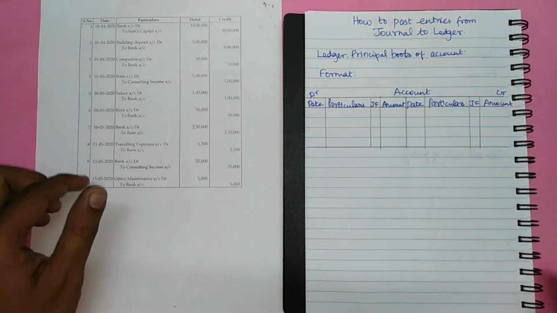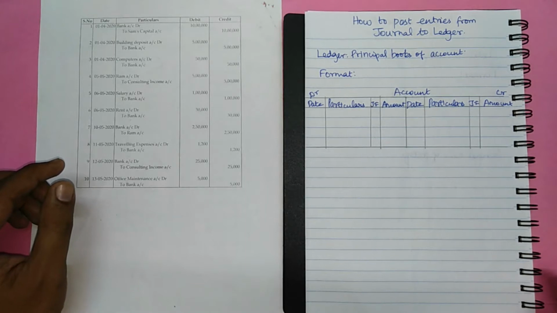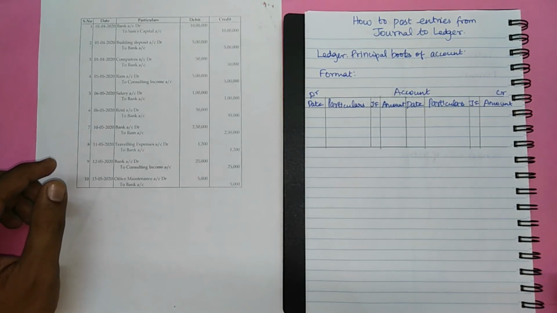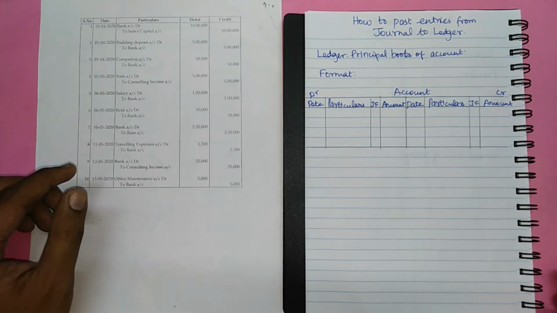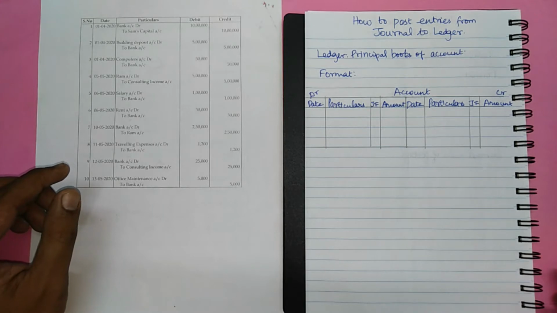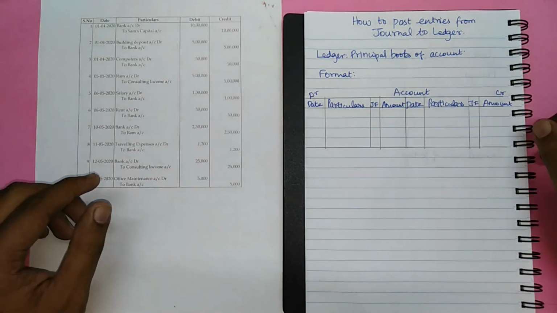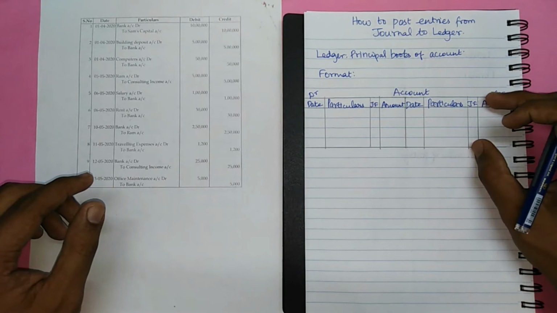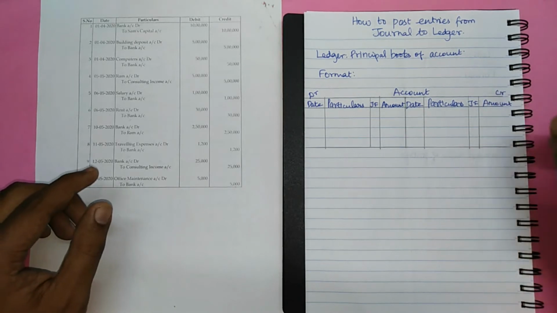These are the journal entries of those 10 transactions which were learnt in detail in our previous video, and now we can proceed from here to learn about the posting of a transaction. Before we learn about the posting of transactions, let us go through the general rules of posting. The first rule is a separate ledger account needs to be opened for individual account heads.